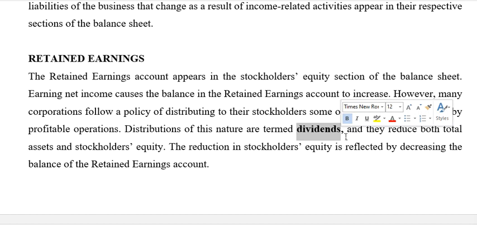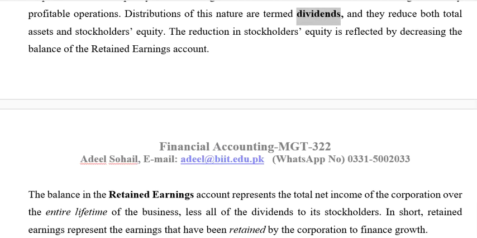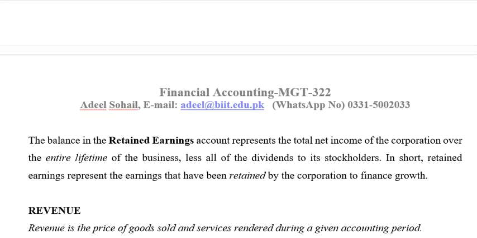Okay, now when a company gives a dividend, that shows a reducing balance in retained earnings. It reduces both total assets and stockholders' equity. Reduction in stockholders' equity is reflected in decreasing the balance of the retained earnings account. Then what is going to happen with retained earnings, assets and owner's equity? There are some rules we will define, and for revenue and expense, what will be debit and credit.